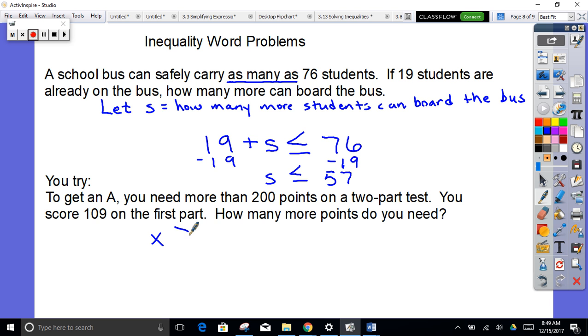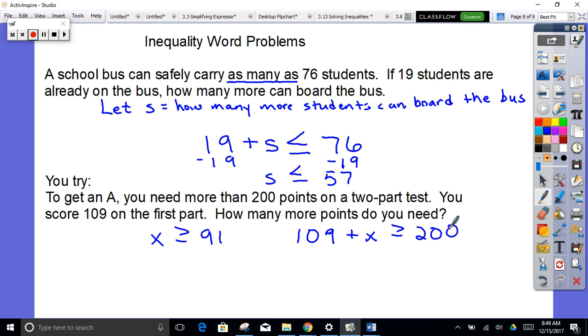Okay, X is greater than or equal to 91 is what Eve got. What inequality did you use to start with? 109 plus X is greater than or equal to 200 because you have to get more than 200. Okay, so you have to get more than 200.